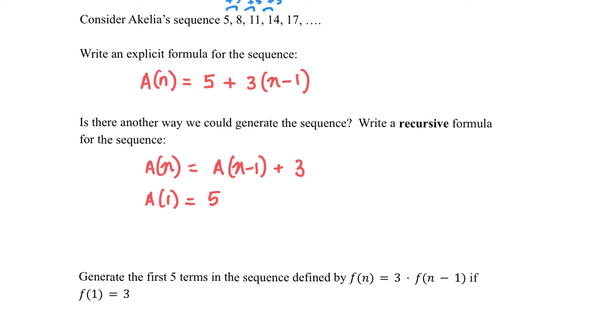Okay, and I want you to notice this looks super similar. You might go, there's an n minus 1 here and there's an n minus 1 here. The major difference between those two is that this one has the name of the sequence. So this is a term, and this is just multiplied by your common difference. So this is going to take a little time, but we are going to have to get comfortable with both of these formats, explicit and recursive.